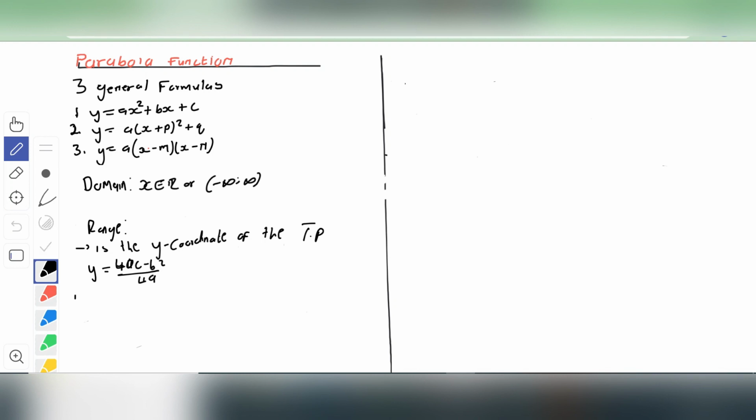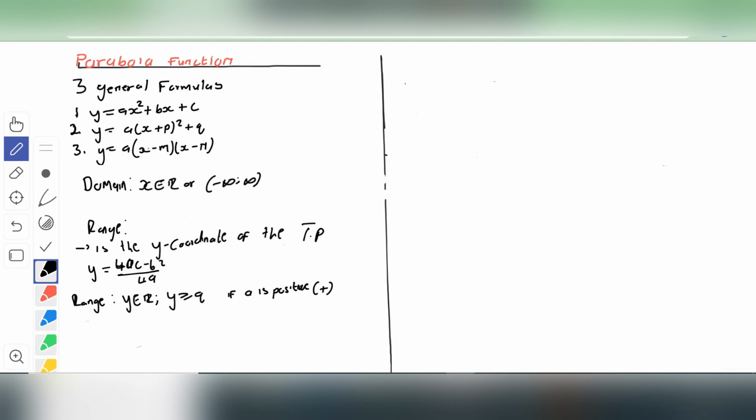So how do we write range? Y is an element of real numbers, and y is greater than or equal to q. This is only if a is positive. If a is positive, then you can say y is greater than or equal to q.